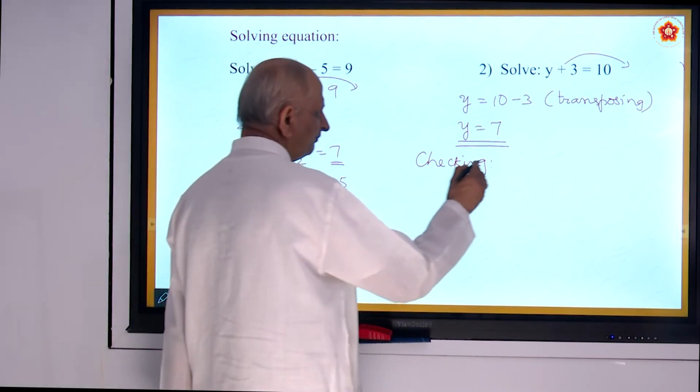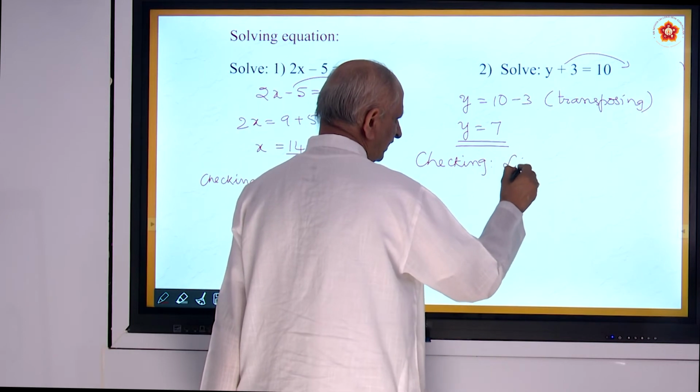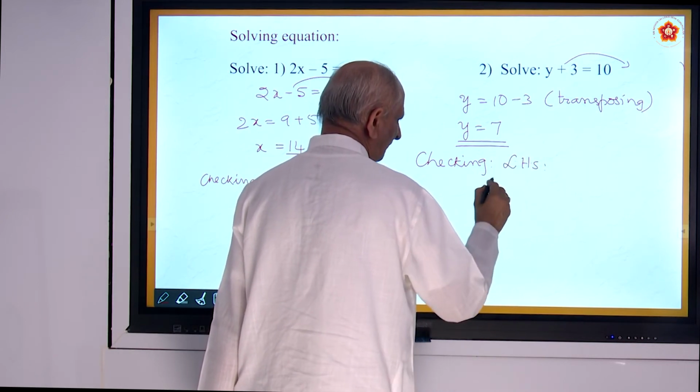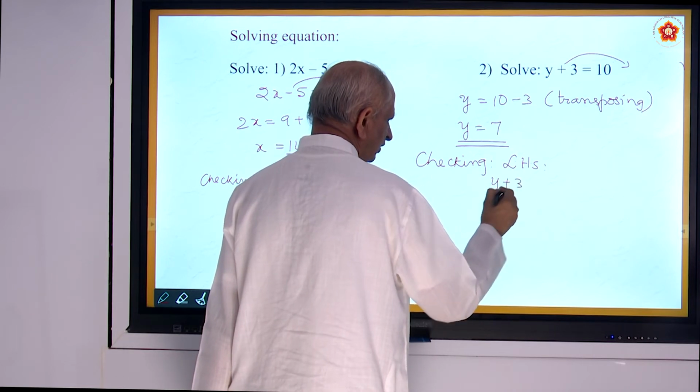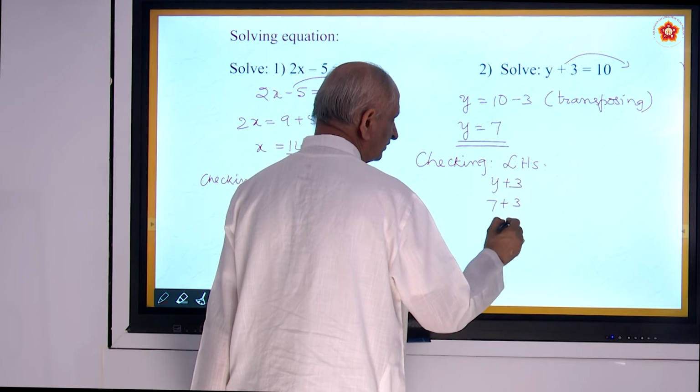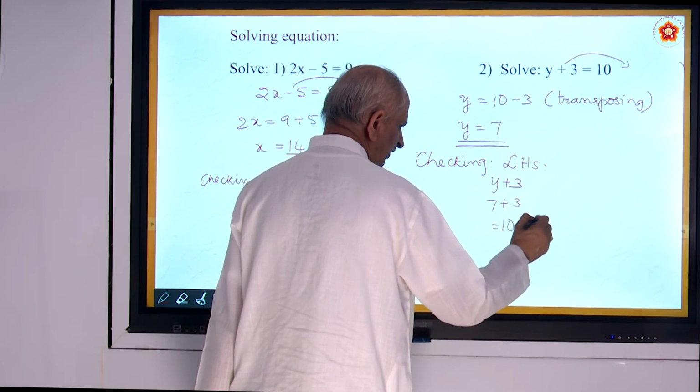How to check it? So left hand side, that is y plus 3. What is y? 7. 7 plus 3 is how much? 10. Is it equal to the right hand side?